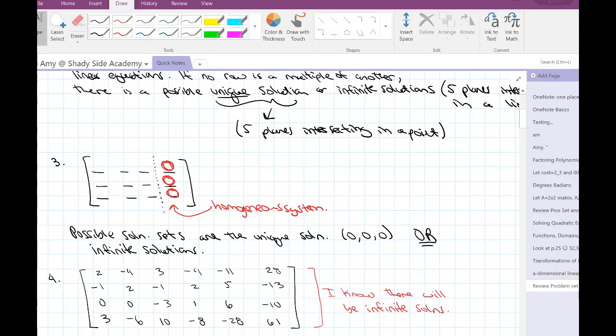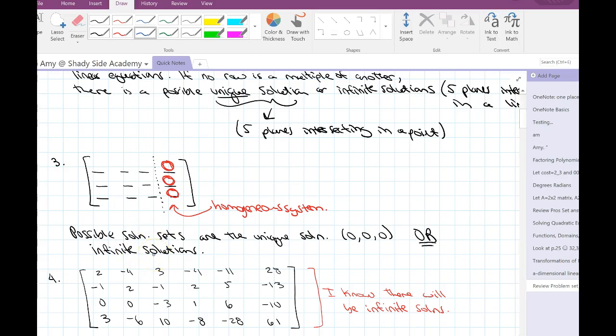If you have a homogeneous system, 3 equations and 3 unknowns, that means the right-hand column is all zeros. Possible solution sets are the unique solution 0, 0, 0, or infinite solutions. And I could ask you in this case, what would those infinite solutions look like? It would be 3 planes intersecting in a line that went through 0, 0, 0.